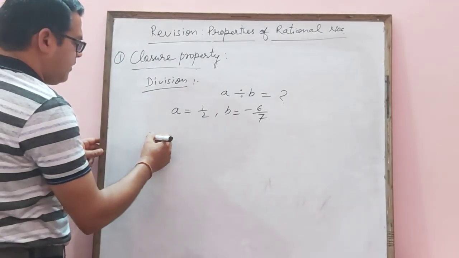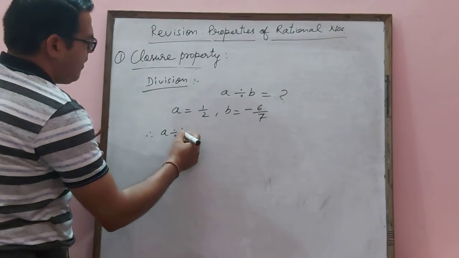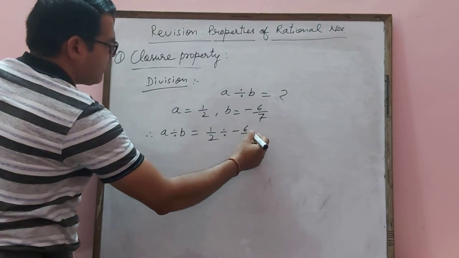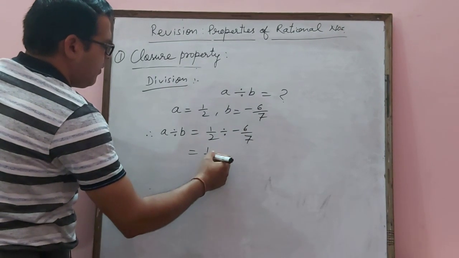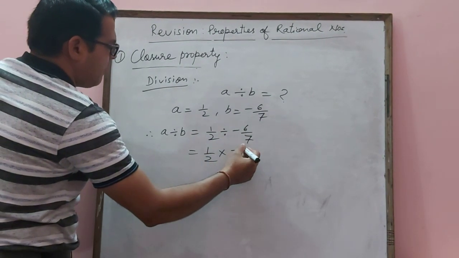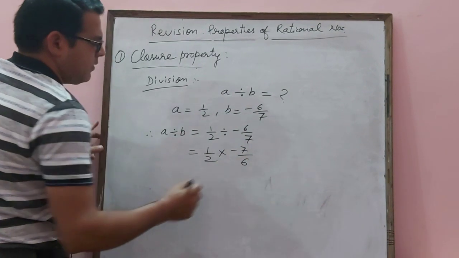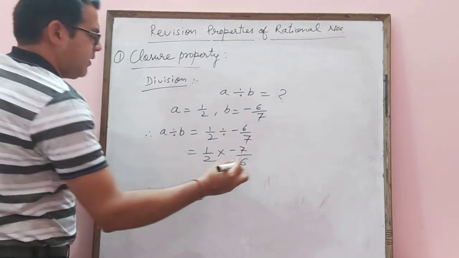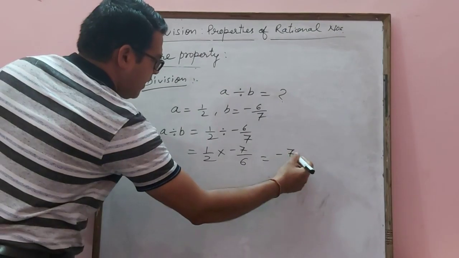So A divided by B means 1 by 2 divided by minus 6 by 7, means 1 by 2 multiplied by minus 7 by 6. We take the reciprocal of minus 6 by 7. So we can write here minus 7 by 12.